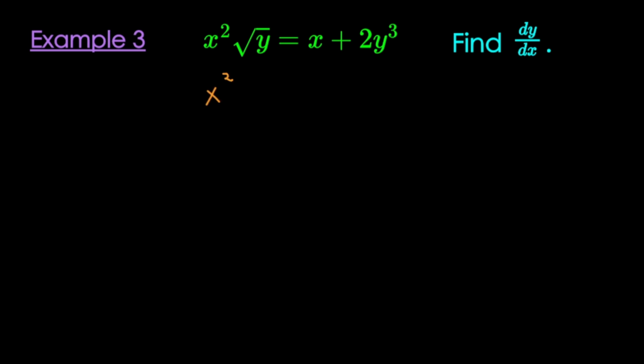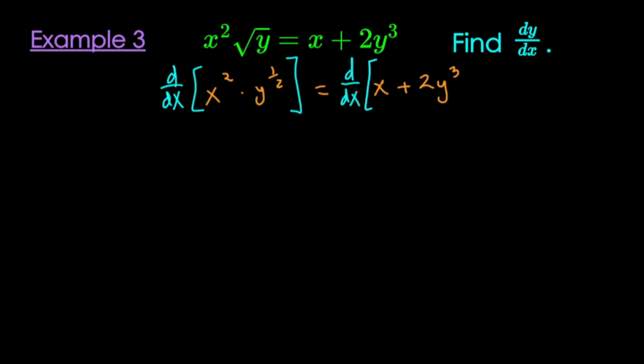So we have x squared times y to the 1/2 equals x plus 2y cubed. Taking the derivative with respect to x of both sides, we now have to calculate the derivative of each side separately.